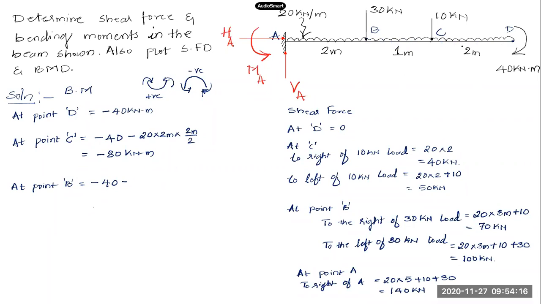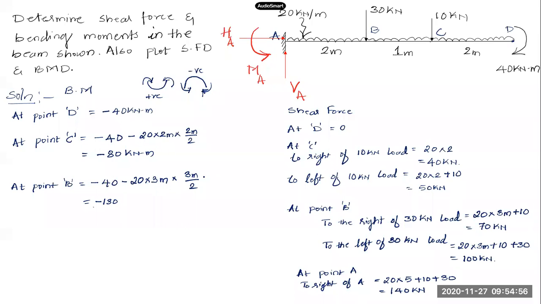It is over a length of 3 meters, 20 kilonewton intensity, producing a clockwise moment about point B. So 20 into 3 meters is the total load, acting at a distance of 3 by 2 meters, exactly at the center of this length. So this will be 40, and this is 90. 40 and 90, minus 130.